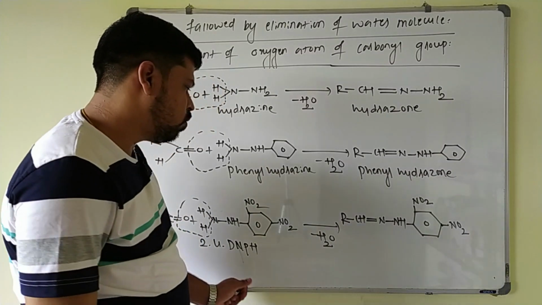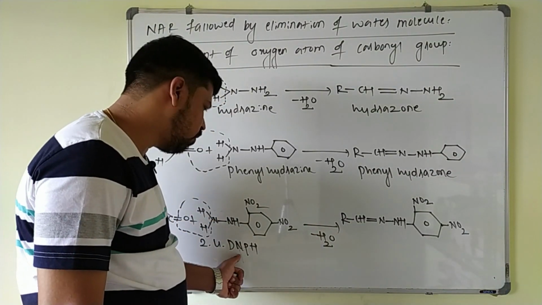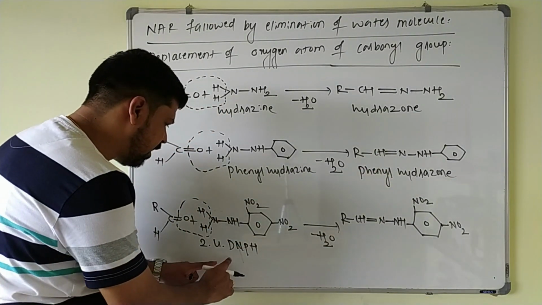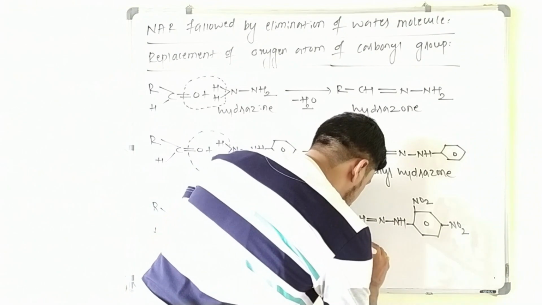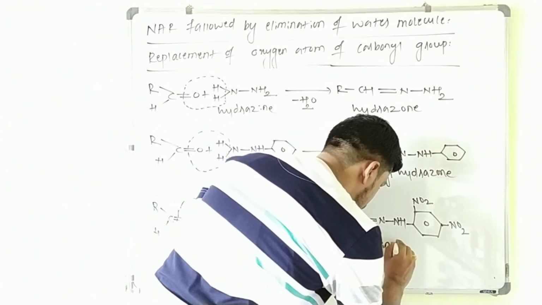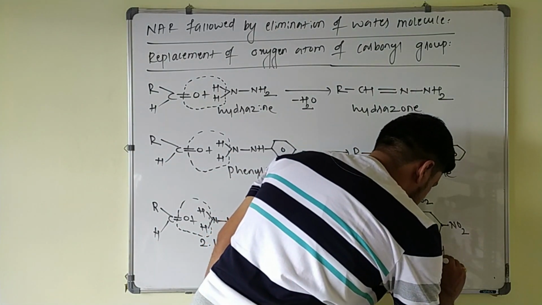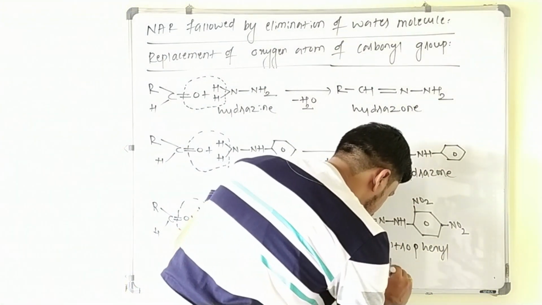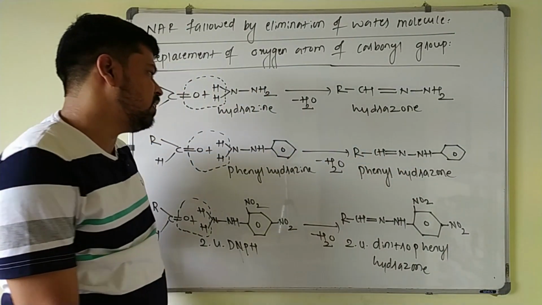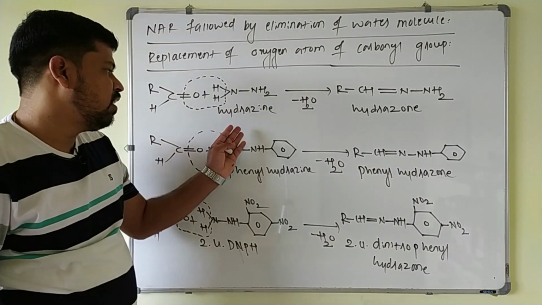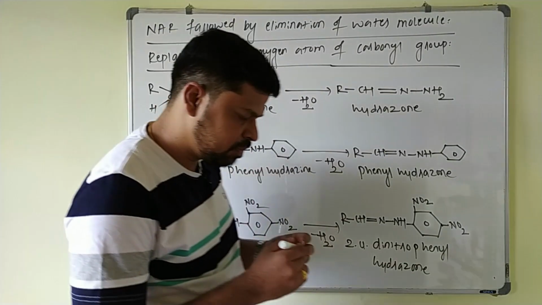This is 2,4-dinitrophenylhydrazone. This is the hydrazone. So these are the different products whenever a derivative of ammonia reacts with what? Aldehyde and ketones. Next one.